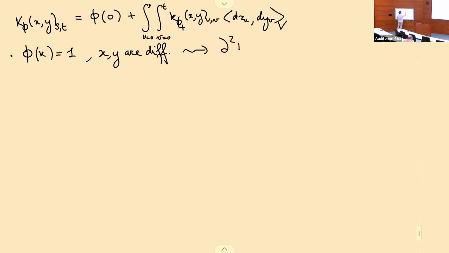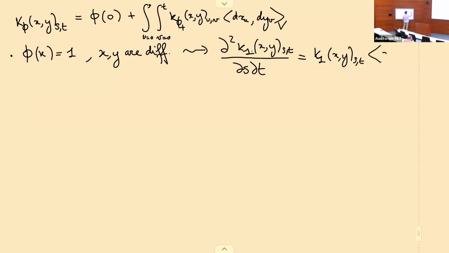Let's call this k_1, so this is just the weight function equal to 1. So we have the mixed derivative of k_1(x,y)(s,t) with respect to s and t, and because these are differentiable, you can put x'(s) and y'(t) in there. Okay?